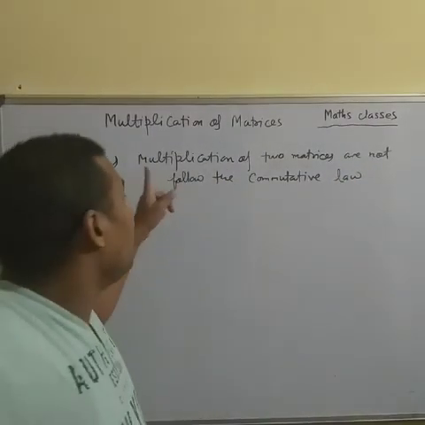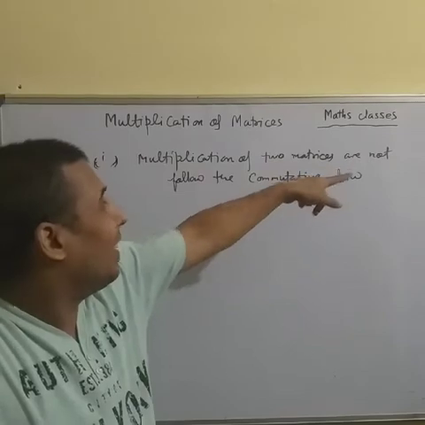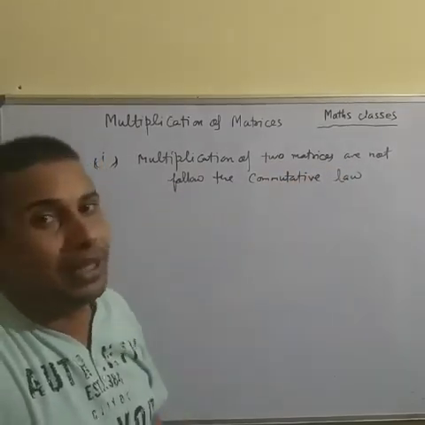This is the first rule: multiplication of two matrices does not follow the commutative law.